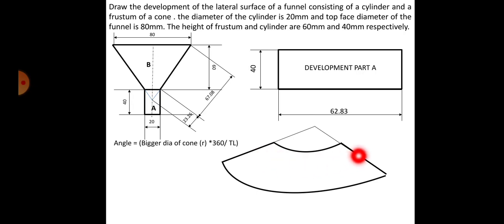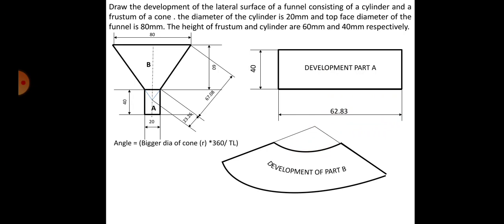This is the top portion, the frustum of the cone, and this is the cylinder. So when you take this and roll it, you get the cylinder and you get a frustum, and then together when you solder it, you will get the required funnel. Got it?